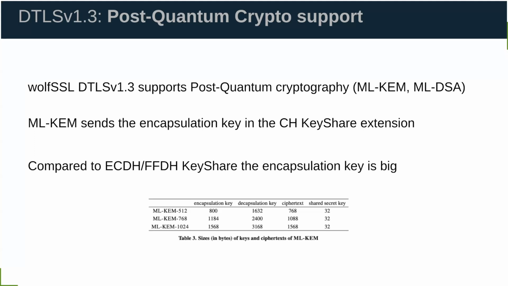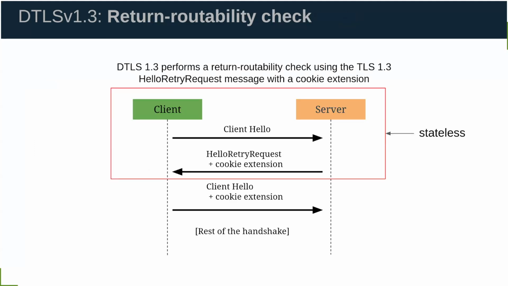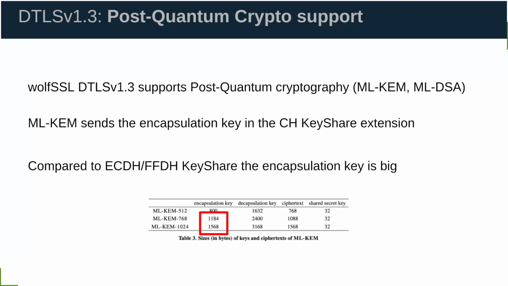This can be a problem because even if DTLS can fragment messages, because a message that doesn't fit in the maximum transmission unit of the UDP can be fragmented over several fragments and then reconstructed on the other end, we just saw that we want the first client hello to be stateless, and fragmentation and statelessness are very hard to do together.